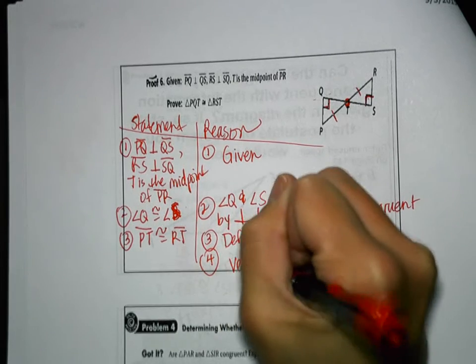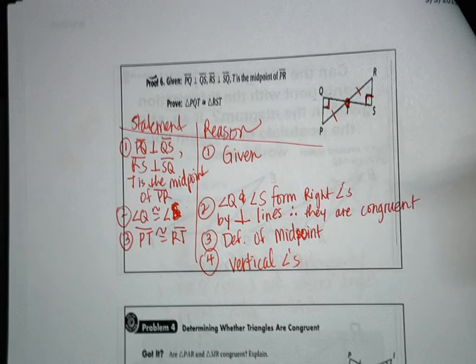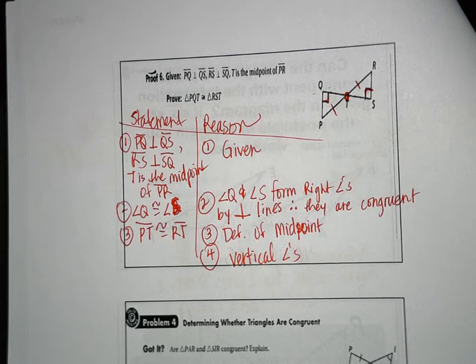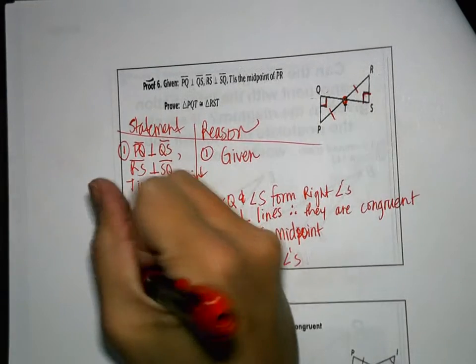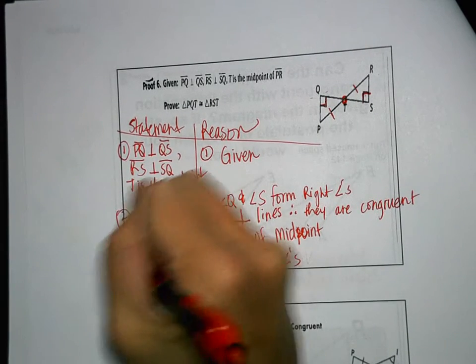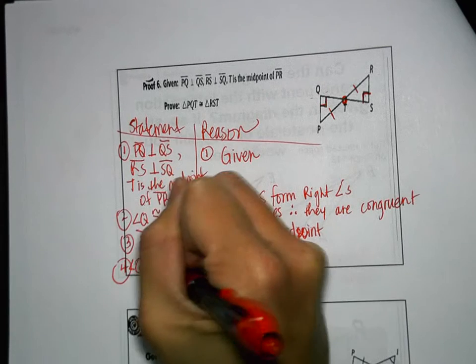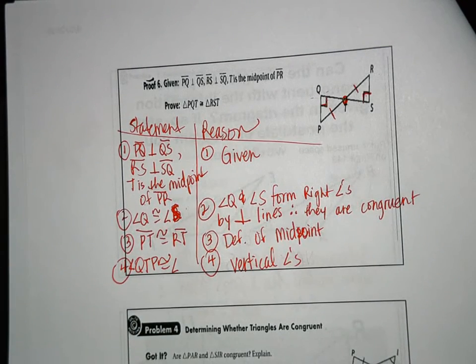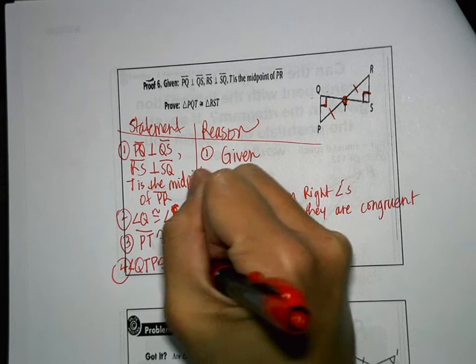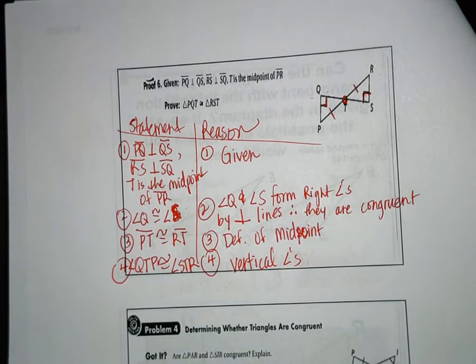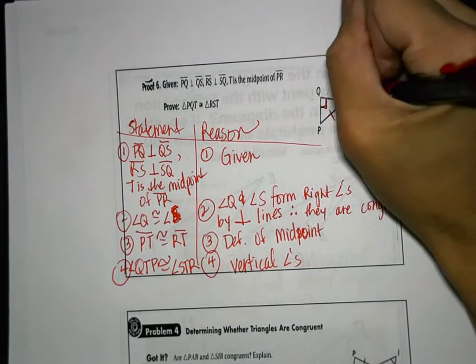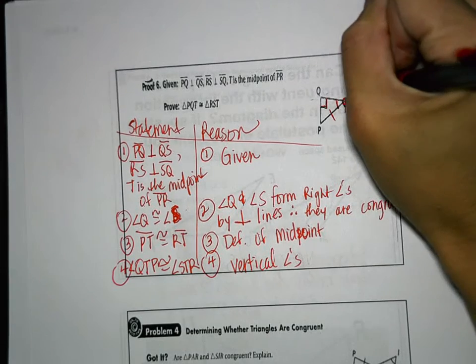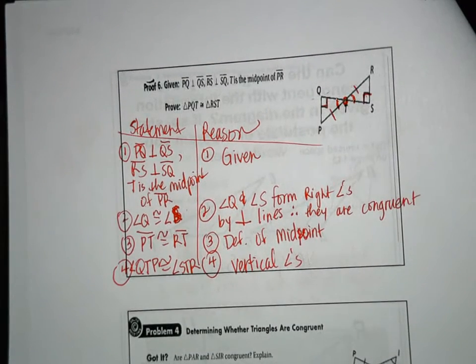Which angles are vertical angles? QTP. So angle QTP is congruent to angle what? STR. And again, you could write these different ways, and it's by vertical angles. So now we know that this angle and this angle are also congruent. Okay? And so now I have three things, don't I?